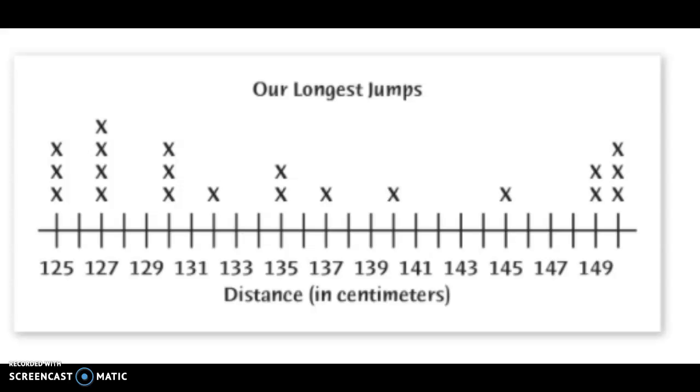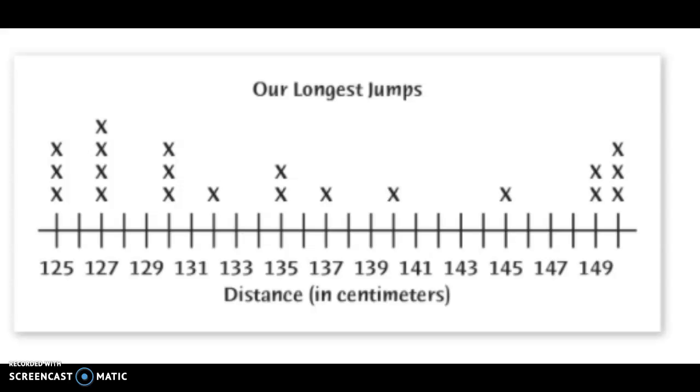So all we have now for each person is an X. So we no longer know which people jumped at 125 centimeters. We just know that 3 people had 125 centimeters for their longest jump. We also know that 150 centimeters is our longest with 3 people as well.